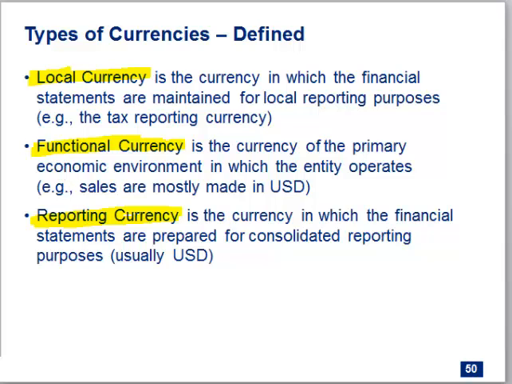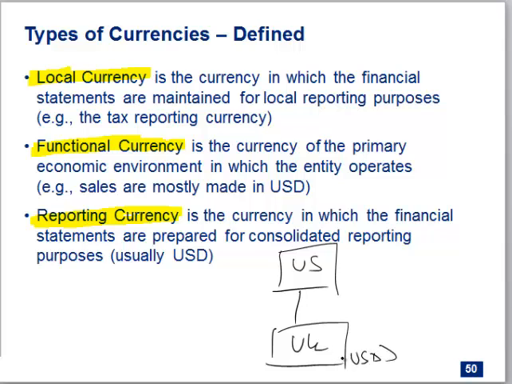So we haven't gone through this example, but let's say you're US and you're UK, and let's say that you do business in dollars in the UK, okay, and you make $100 of profit, and you think that you owe $28 of tax.